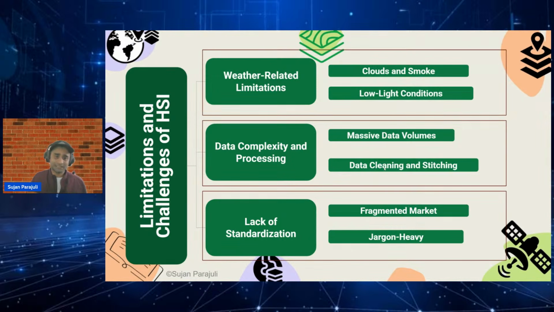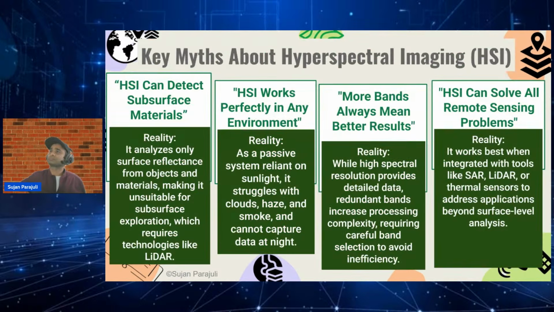Also data cleaning and stitching: we collect information on a tile basis, and then we have to mosaic or merge the tiles into one if you are covering a large area, so stitching is one of the bottlenecks. Also there is a lack of standardization so far; the market is fragmented, and the lots of terminologies are still very hard to understand.